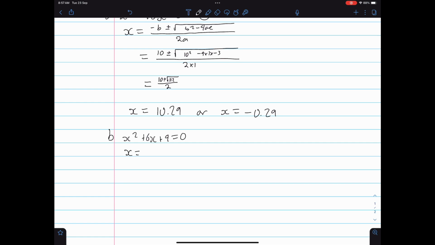x is equal to minus b plus, I think I'll just skip straight to the substitution.